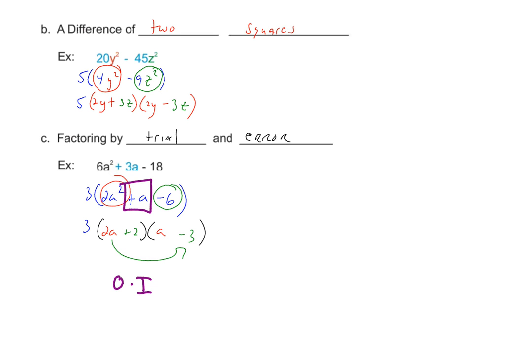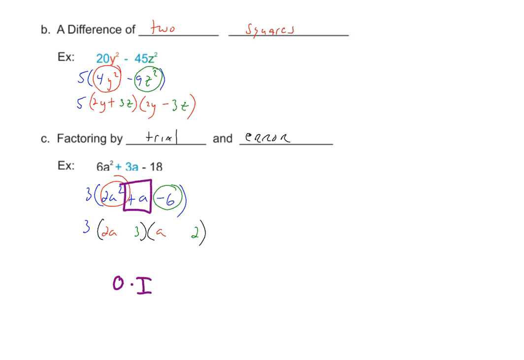These are the thoughts that I'm going through before I ever put anything down. In my thought process, I always look at this back one first because I'm always multiplying the outers. It's always my first multiplication. So I'm thinking 6, I have 1 and 6, I have 2 and 3. If I go 2 here, that's a 4. That would give me a 3.